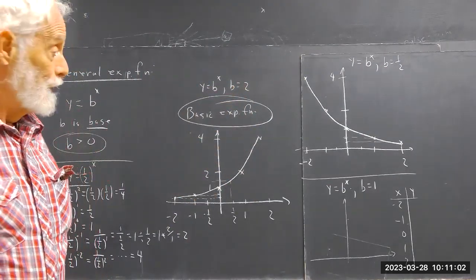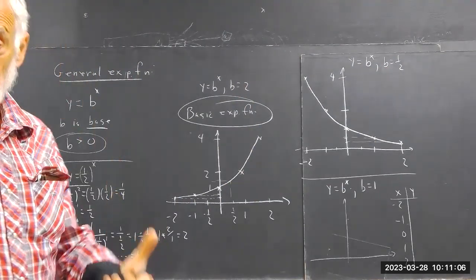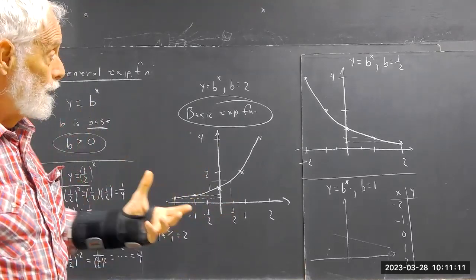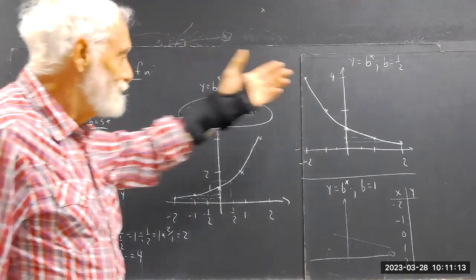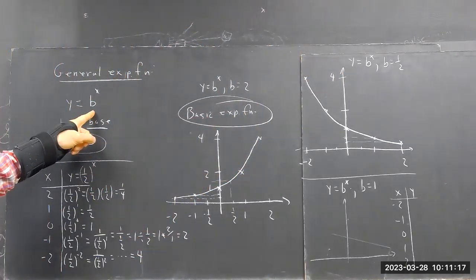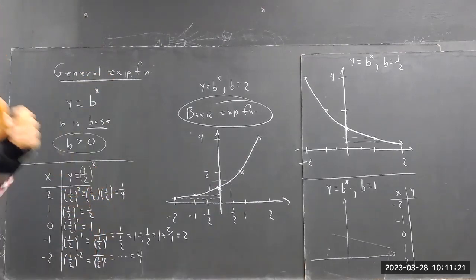Okay. Now that's not a general transformation. It doesn't work for other functions, because what we did here is just unique to the exponential function, which has a base. Other functions are a base to the power.